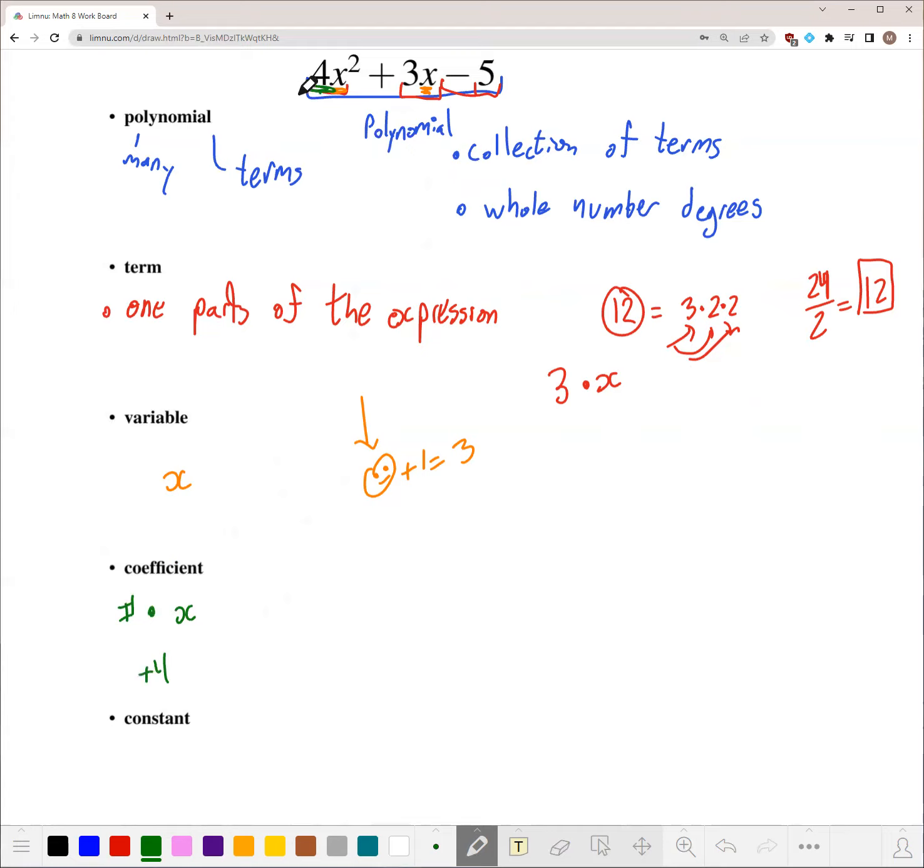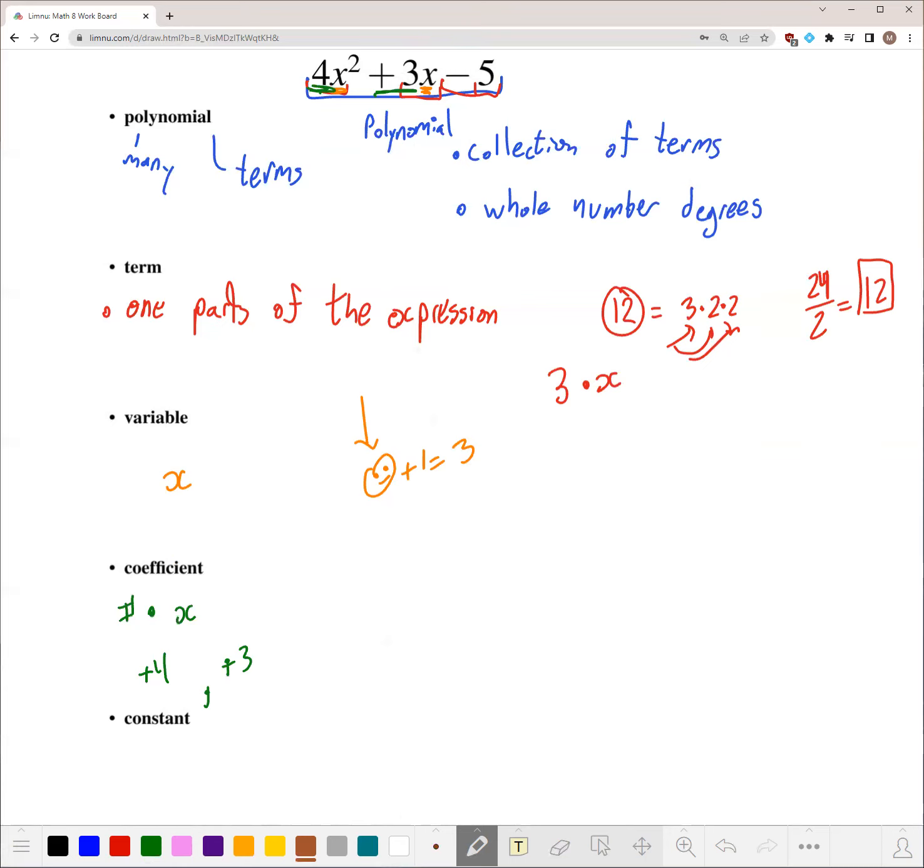If there's no symbol in front of it, it's implicitly positive. And this is positive 3. Now we can see, oh yes, it's plus. So positive 3. These are both coefficients in our statement because in 4x squared the 4 is multiplying onto a variable, and in 3x, the 3 is multiplying onto a variable.